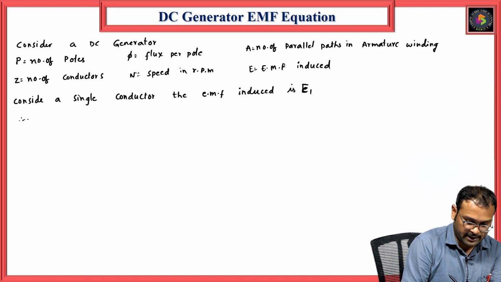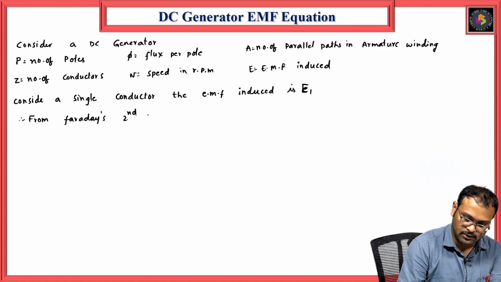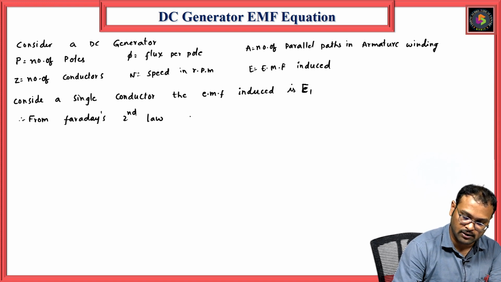How will we calculate it? From Faraday's second law, E1 for one conductor is equal to d phi by dt.